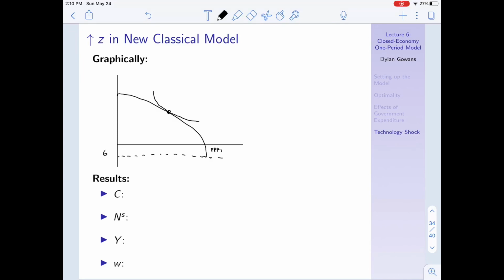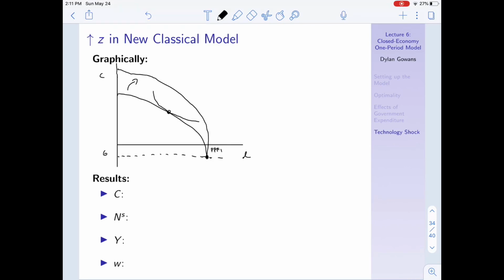It now means that for any amount of labor, I can now produce more. And really what it ends up being is this rotation up of the PPF. It's a rotation up rather than a shift up because still at leisure zero, I can produce nothing. And so you have this rotation upwards. I'll put a little arrow showing.